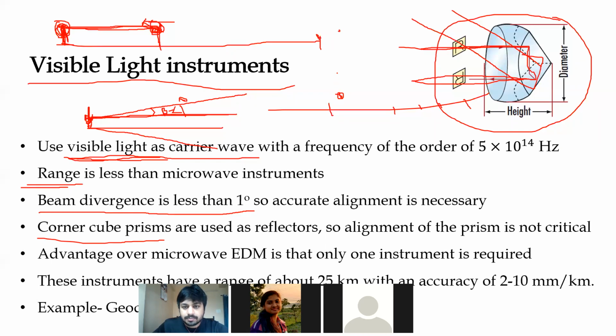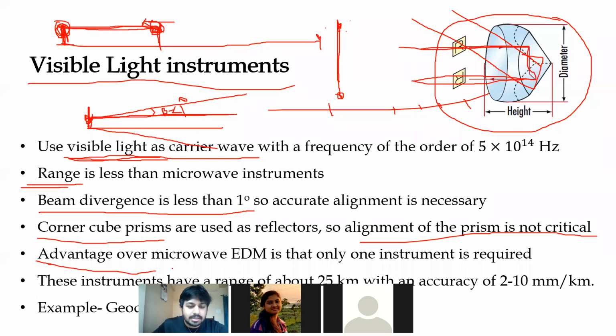If the beam is going straight like this without any deviation, just like a laser beam, then you cannot afford to place your reflector somewhere here or somewhere here. You have to align it exactly on the line of sight. That you have to ensure. So alignment of the prism is critical, that you have understood.